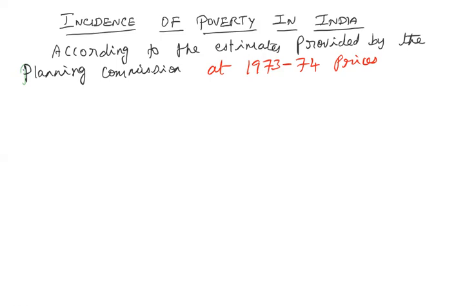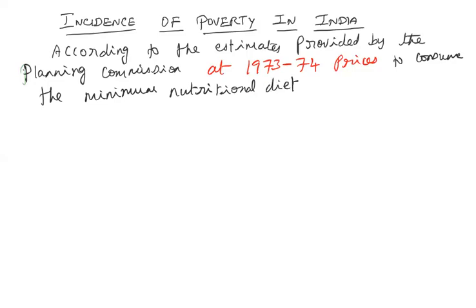At those prices, how much they have to spend to consume the minimum nutritional diet is also called the poverty line.